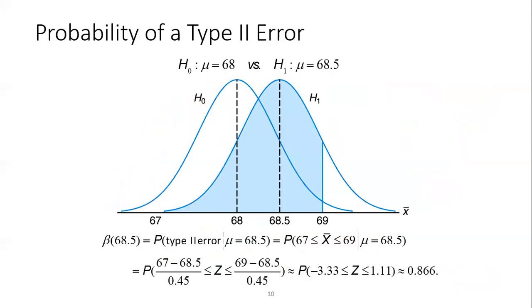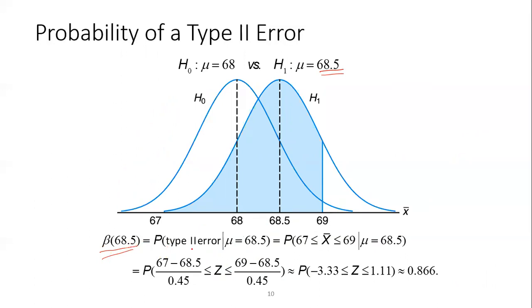Let's find the same probability when mu is equal to 68.5. So the alternative is 68.5. Now I'm just writing beta of 68.5. Why? Because, as we said, you can calculate the type 2 error only by giving a value to mu.